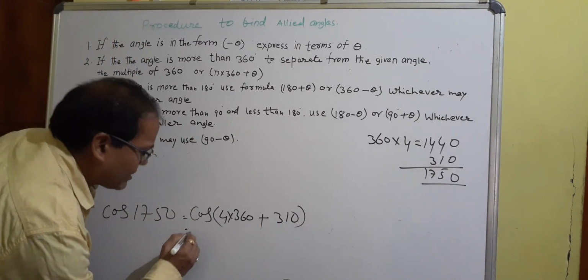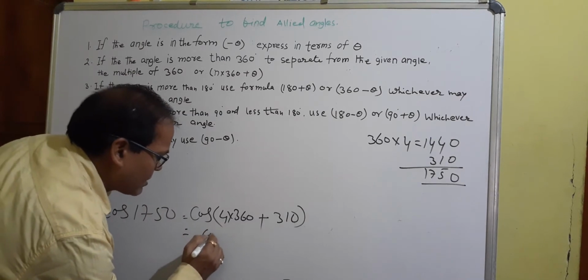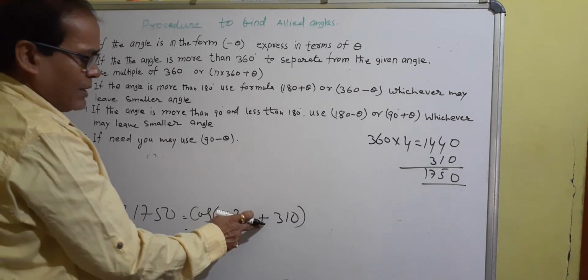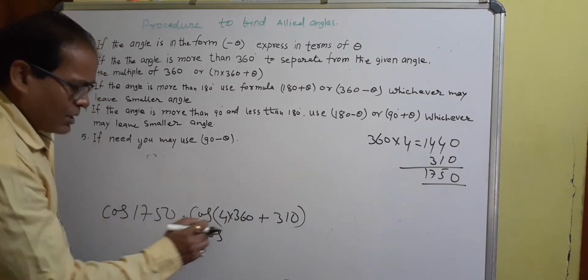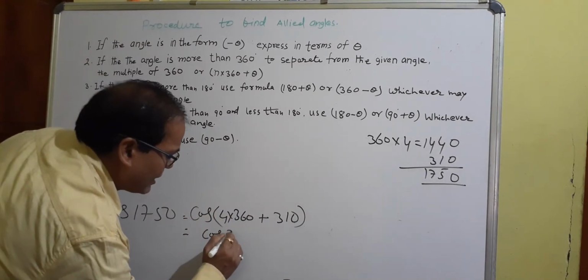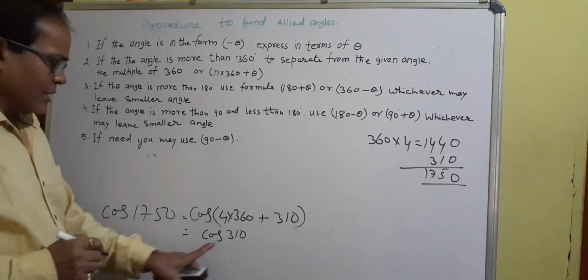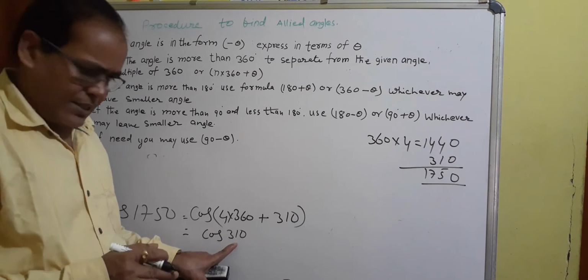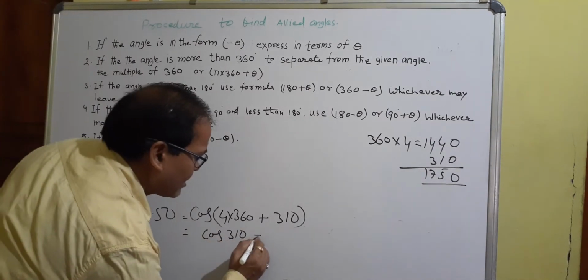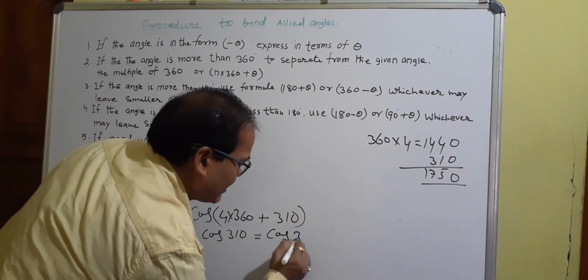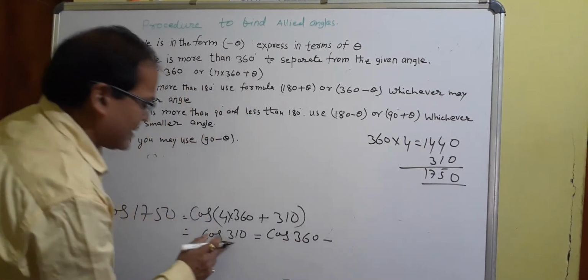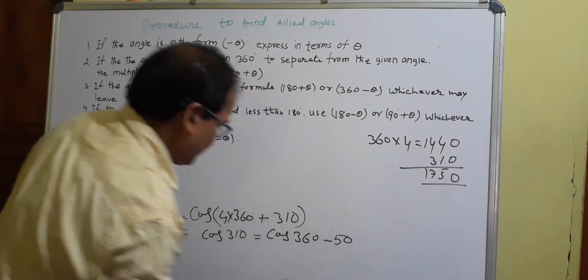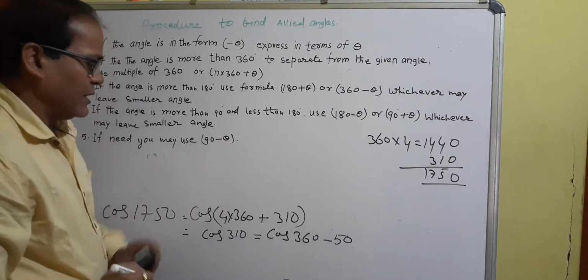Then what do we get? Cos of n times 360 plus theta goes to the first quadrant, so we will write cos 310. 310 is less than 360, so we can write cos of 360 minus 50, because 360 minus 50 is 310.